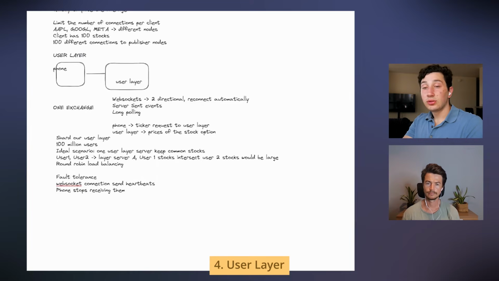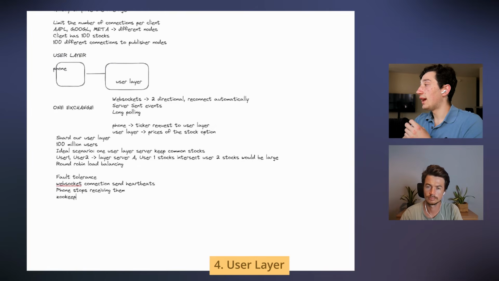It is definitely true that if a user layer server with a lot of users goes down, we could, in theory, have a thundering herd if we were to load balance poorly, where all of our phones try to reconnect to a different user layer server and it overloads it. But that's kind of the point of using round robin load balancing, so that shouldn't happen.